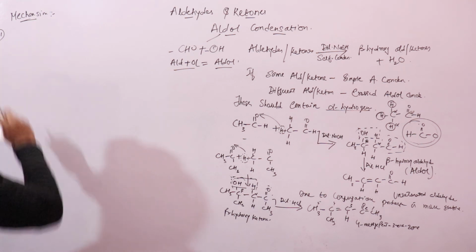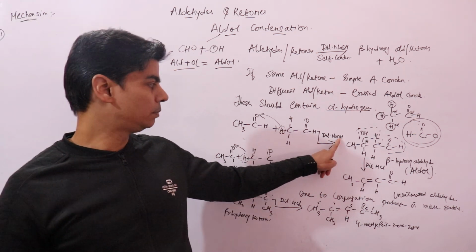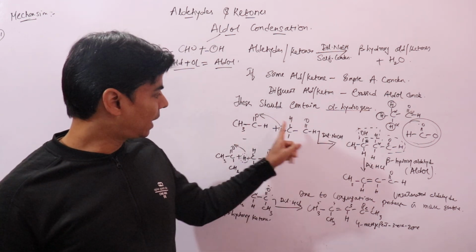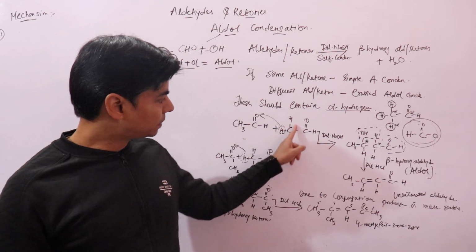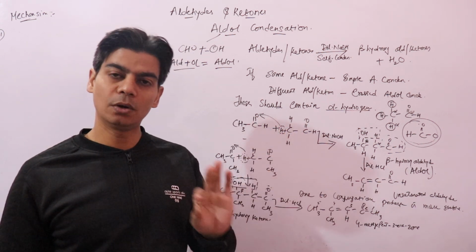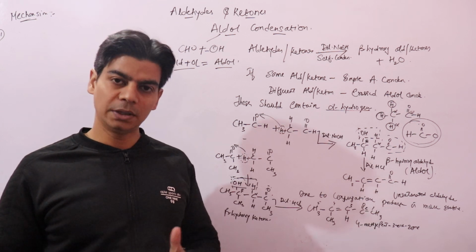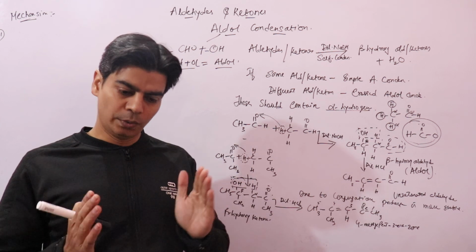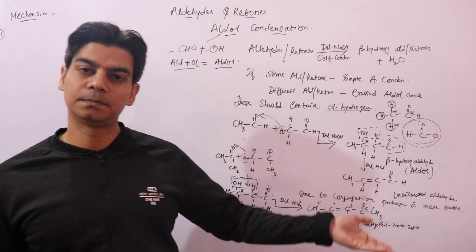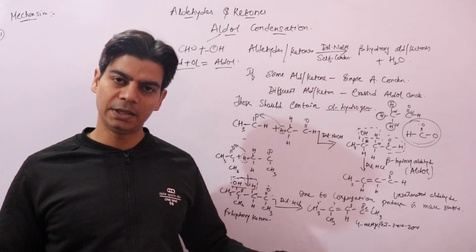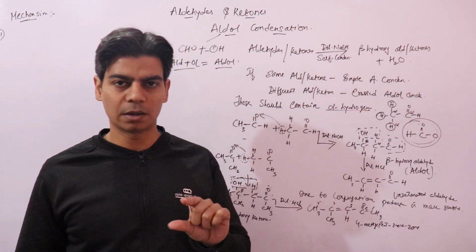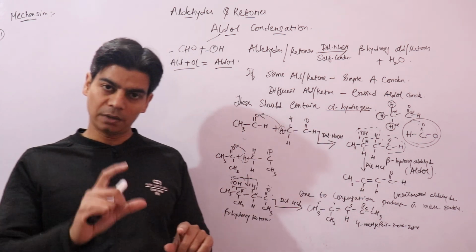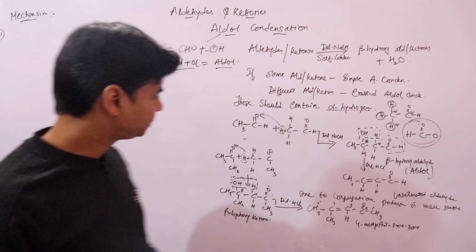The OH from this dilute alkali will abstract this alpha hydrogen from the molecule of aldehyde, forming an enolate ion, which is a nucleophile. Then that nucleophile will attack the other molecule of aldehyde at its carbonyl carbon, because the nucleophile is negatively charged and the carbonyl carbon is positively charged.